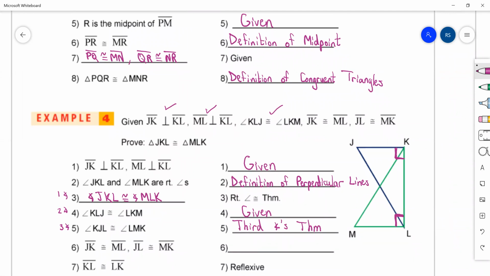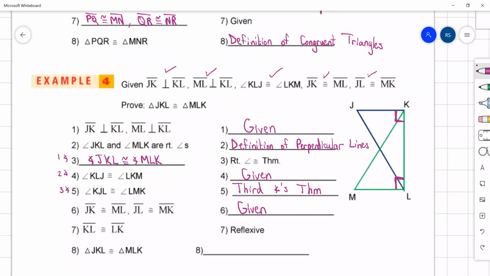Okay, next step. JK is congruent to ML. JL is congruent to MK. I'll see that somewhere too. Up here again in the given area. So this is given. So then it tells us segment KL is congruent to LK. That's our reflexive property.